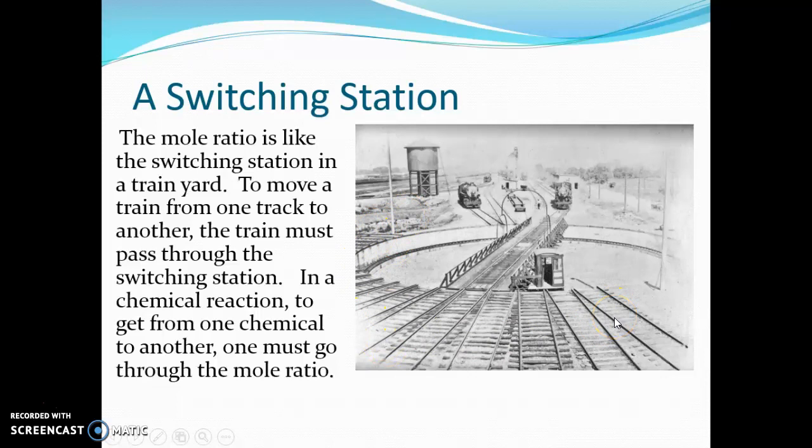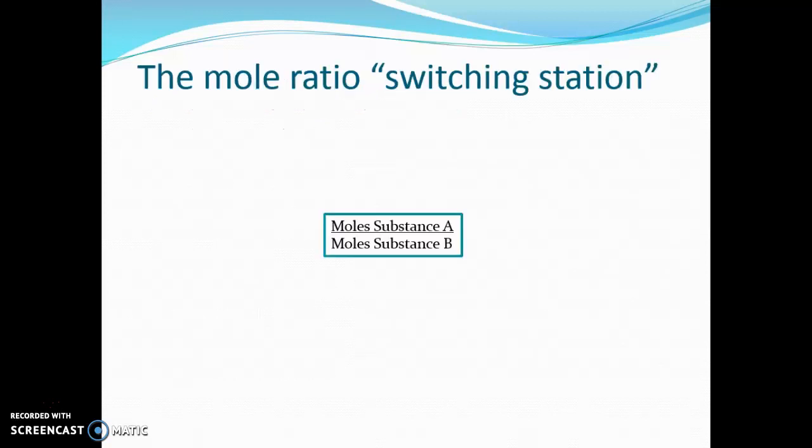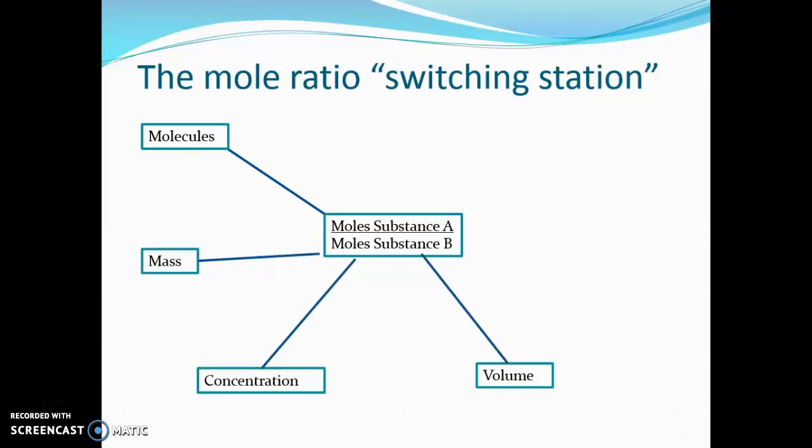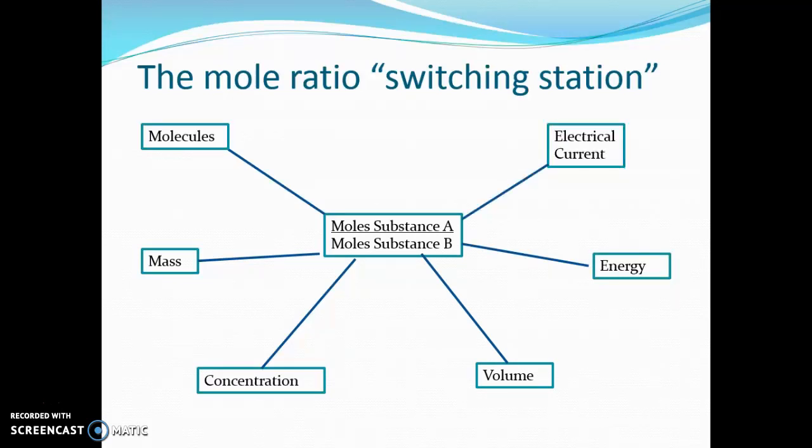A mole ratio lets you get from any unit of substance A to any unit of substance B. So for example, you can get to molecules, you can get to mass, you can get to concentration, volume, energy, and something you didn't learn last year, electric current. Simply because I needed 6 to make this look nice and symmetrical.